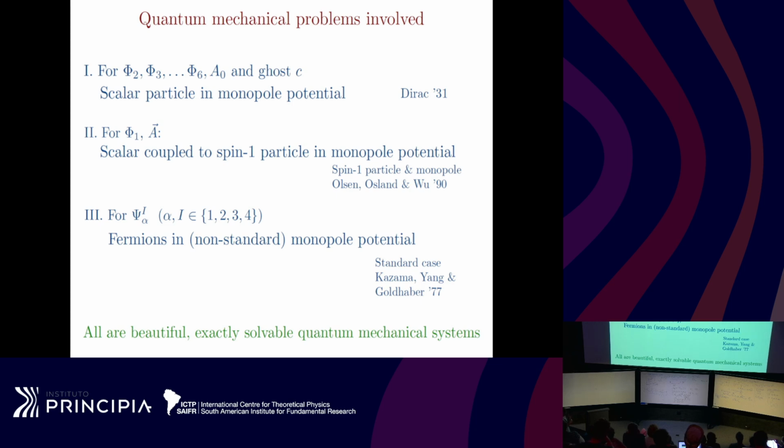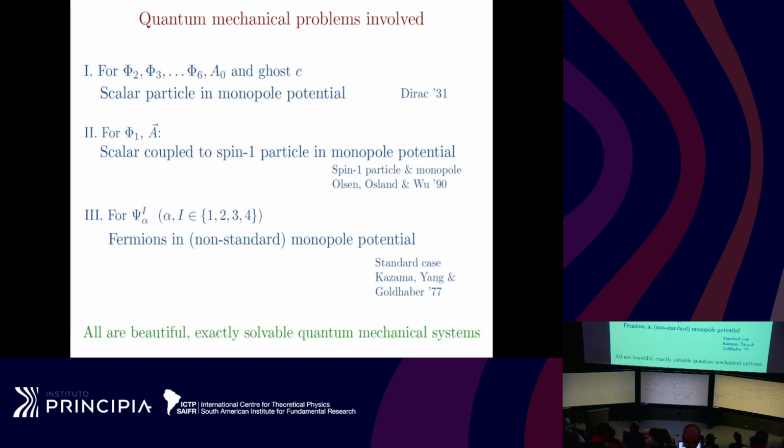These are the scalars without the webs and the time component of the gauge field, and then there's also a ghost. And these, when we solve the quantum mechanical problem, behave exactly as a scalar which is living in a monopole potential. Then there's the last scalar field and the gauge field. It turns out that they couple to each other, so we have to solve a quantum mechanical problem which involves the scalar and a vector particle in a monopole potential.